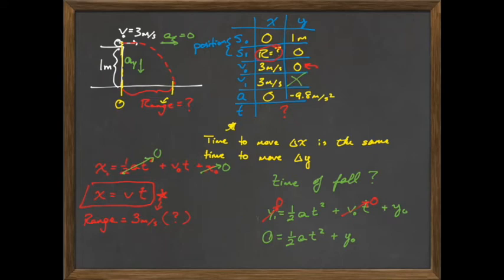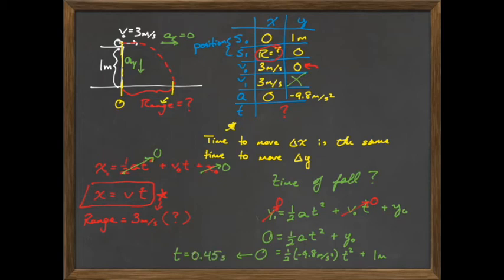So let's put in our numbers. This is 1/2 times negative 9.8 times time squared plus the initial position of 1 meter. And if you solve this for t, you will get a time of roughly 0.45 seconds.